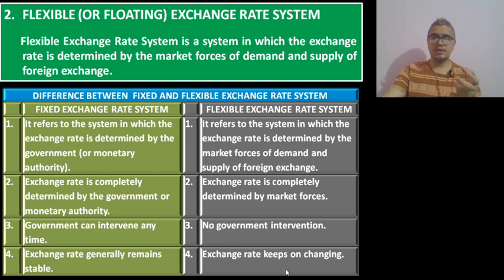It won't remain the same in 3 days' time. If the exchange rate for today is 74.31 rupees against $1, then you will find that on Monday, after 5 days, the exchange rate has come down to 70 rupees per dollar. So it is rapidly changing in case of the flexible exchange rate system.